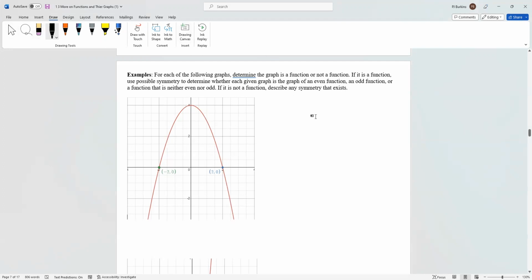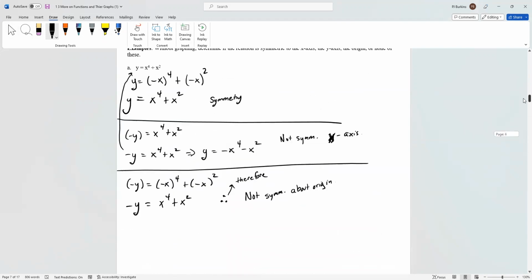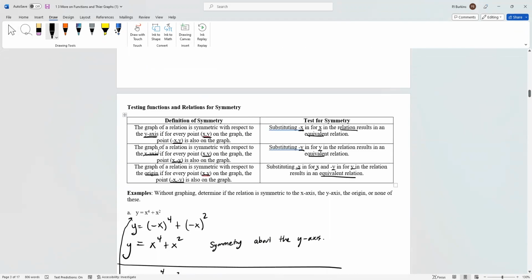Therefore, now we would like to know, is it even, odd, or neither? Well, if we scroll back up for just a second, remember it said for the symmetry about the y-axis, that for every x, y, there's a negative x, y.